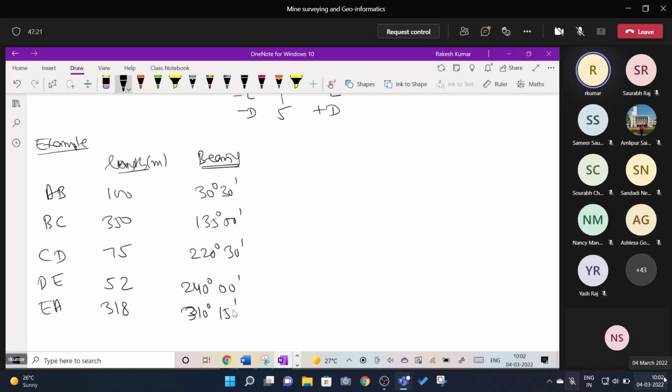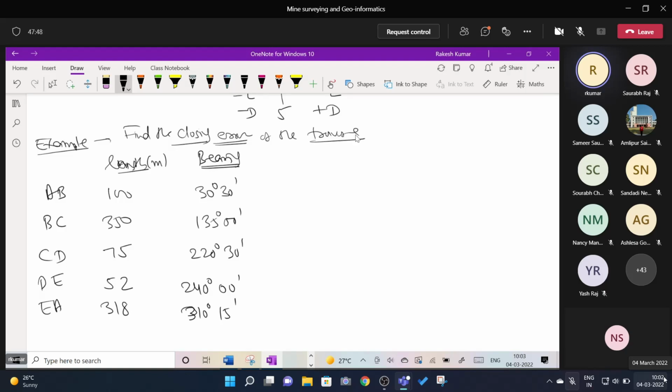If you see, this bearing is the whole circle bearing because it is varying from 0 to 360 degree. The question is to find the closing error of the traverse.